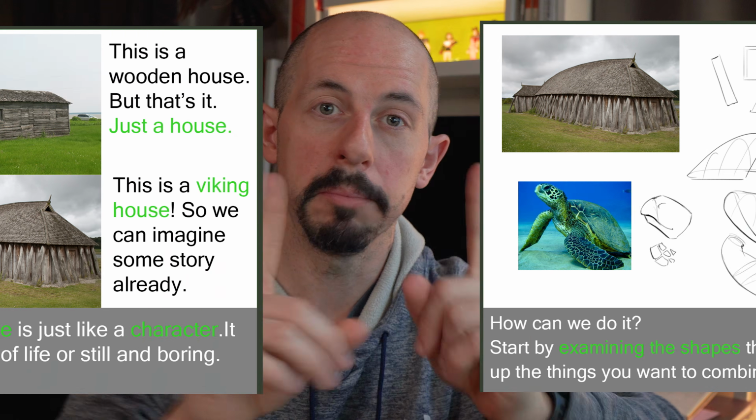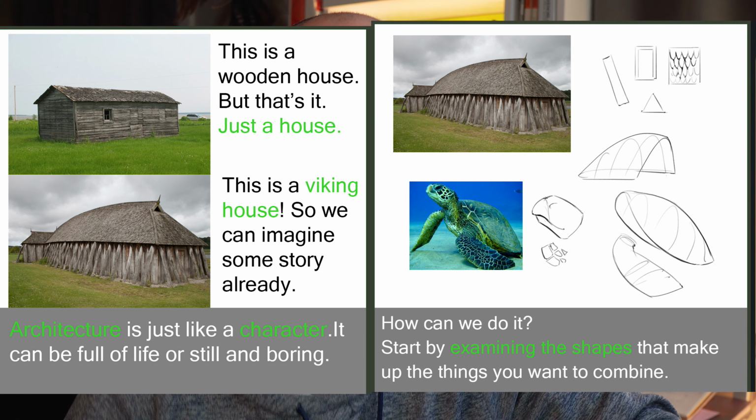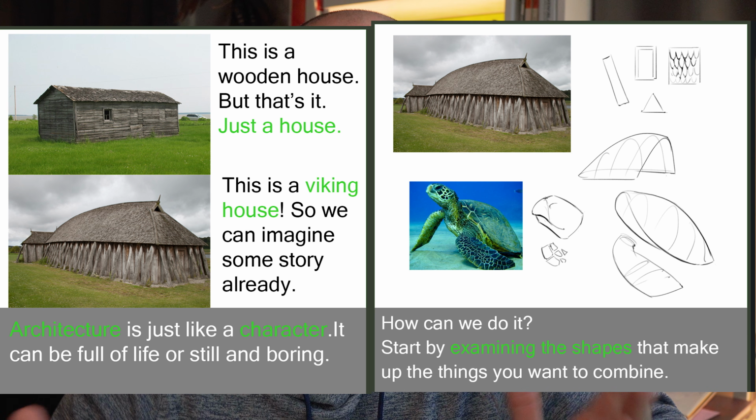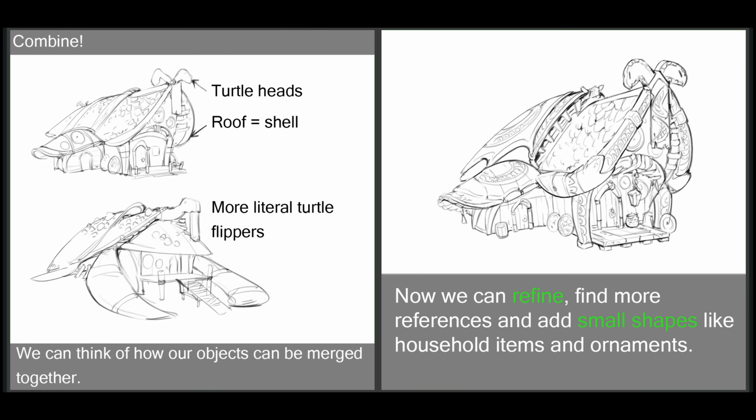Now, one of the best parts is that you can actually start this in a really simple way. You can take a singular piece of reference or try combining two pieces of references to build something new. And honestly, you can get more creative the less related these two things are. Just as with this Norwegian Viking-style house cross-mixed with a turtle, right?